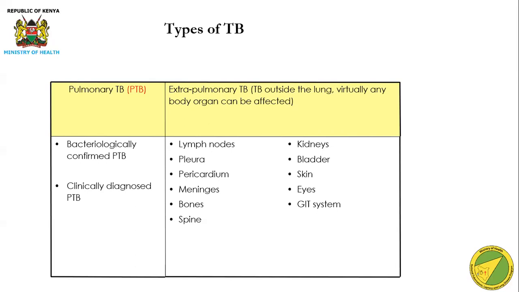So for extrapulmonary TB, we've said that all the organs except nails, hair, and teeth can be affected. So other organs such as lymph nodes, pleura, pericardium, meninges, bone, spine, what have you, can all be affected by TB.